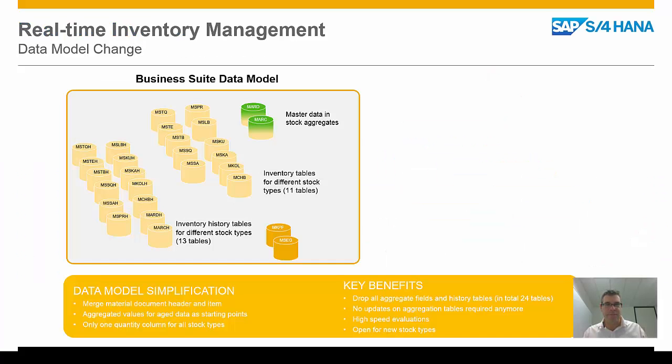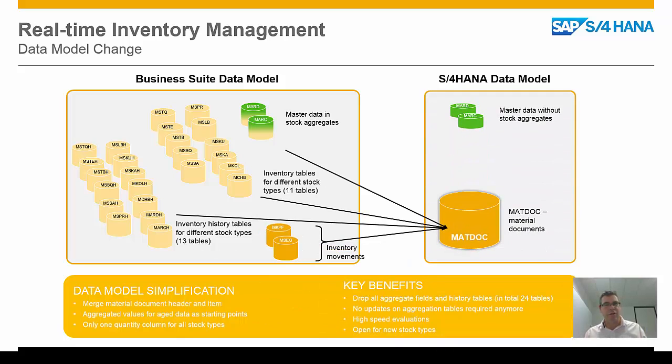So what does that actually mean from an inventory management point of view? Well, as we discussed in the previous video, we are taking a new data model and moving it across to the S4 data model with fewer tables, simplifying it, and dropping the aggregates out of there.